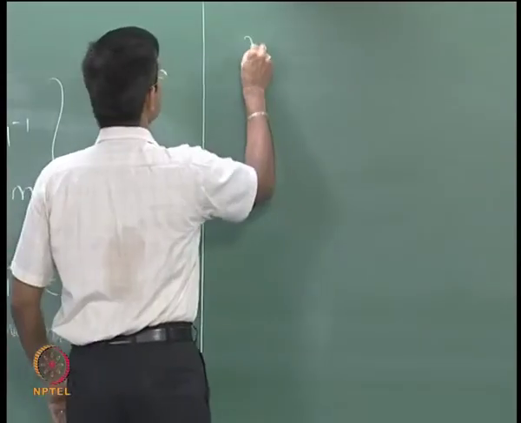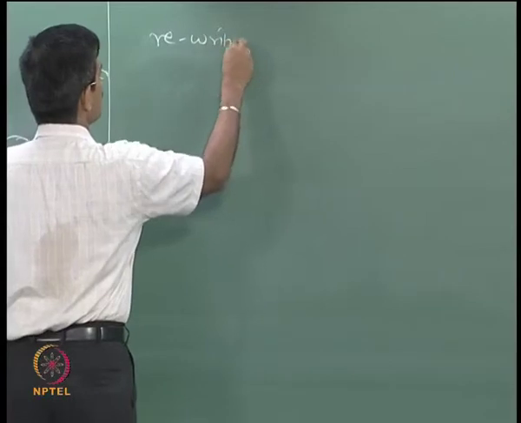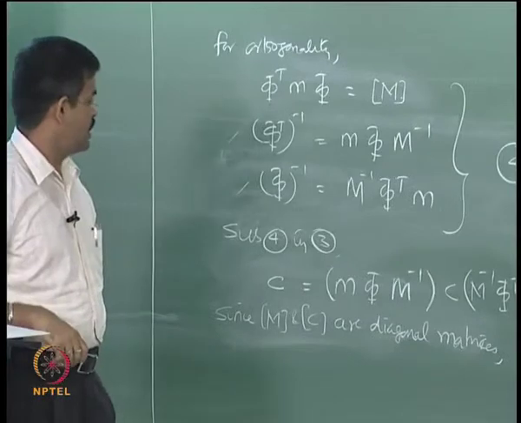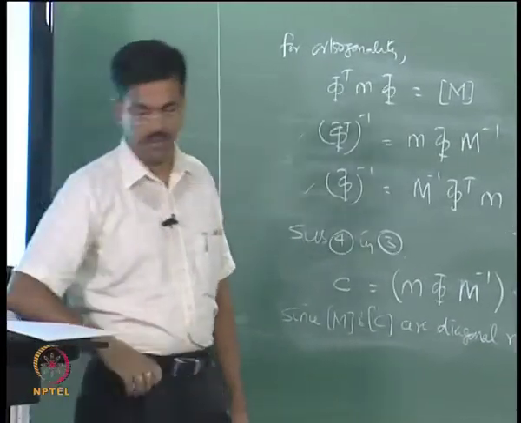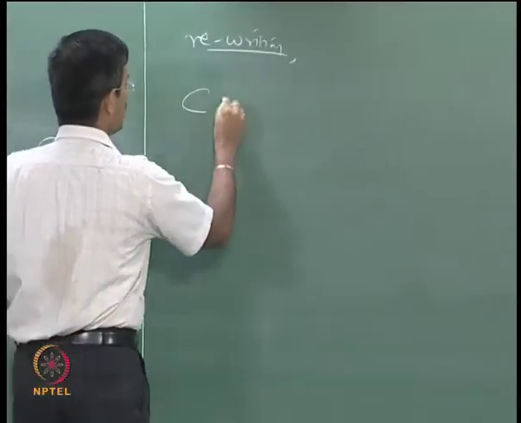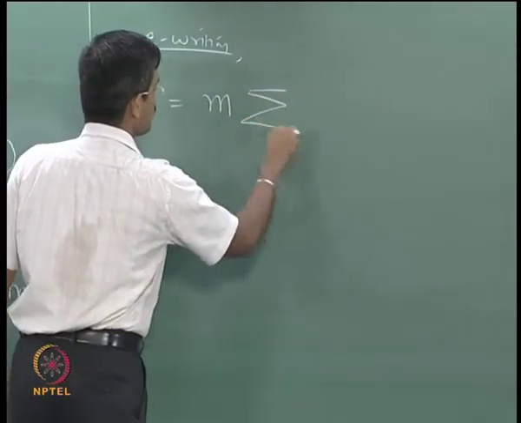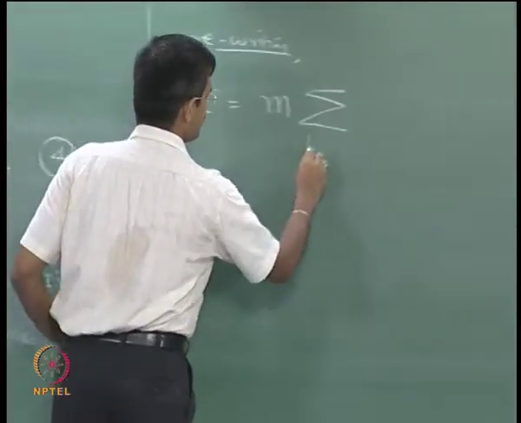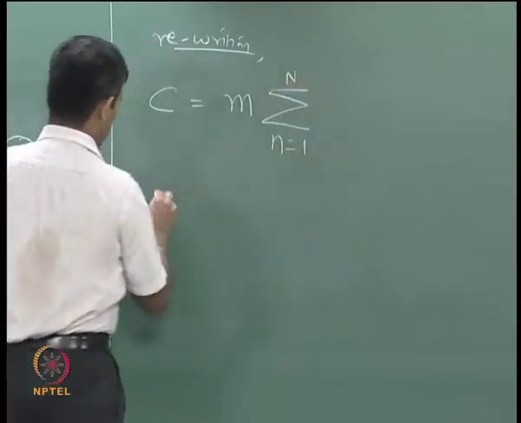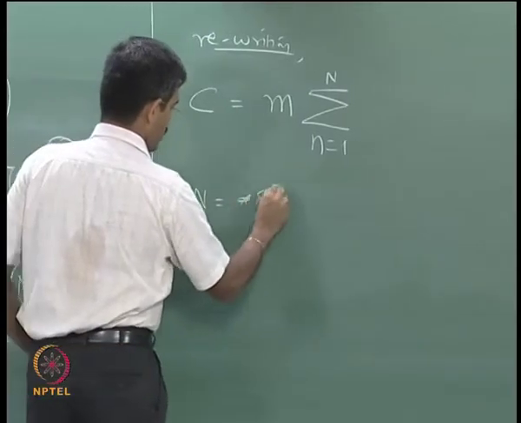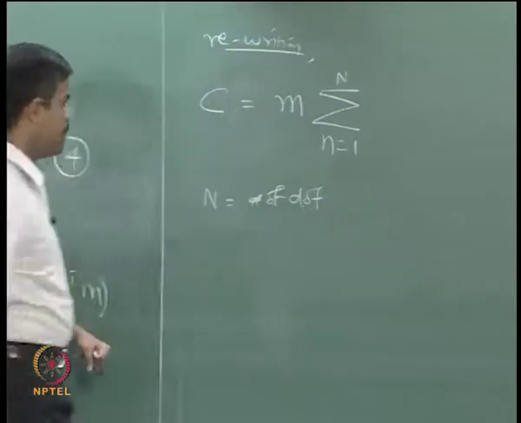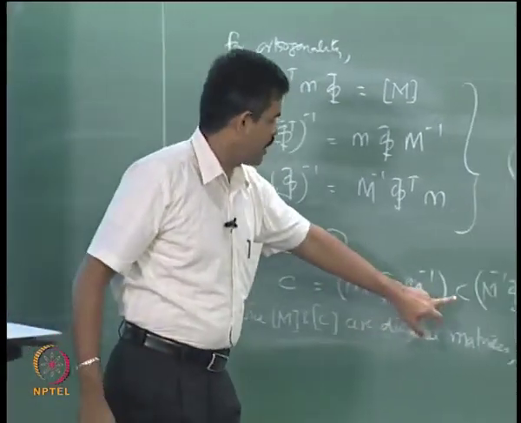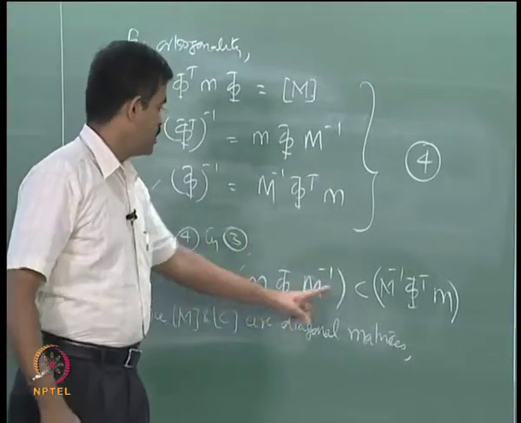Rewriting, instead of putting it as an inverse, I have n degrees of freedom, so I want to do the summation for n from 1 to n, where n is the number of degrees of freedom, and substitute for C as 2 zeta omega m, which gives m square.